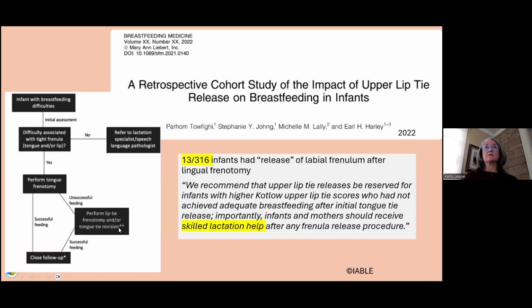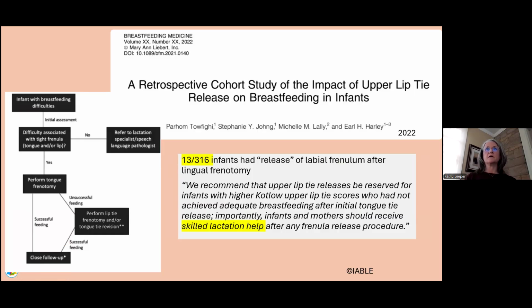This is to acknowledge that there's a group of ENTs, I can't remember where they are, but they published a study where they looked at 316 babies that they are now doing the tongue first and then the lip.